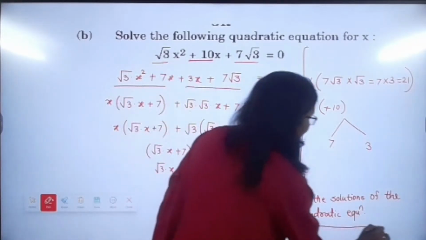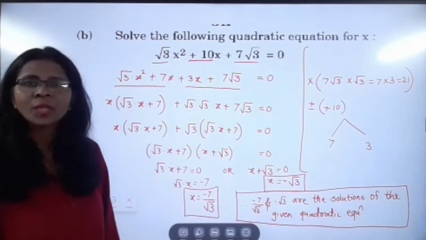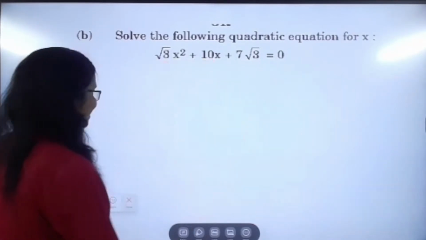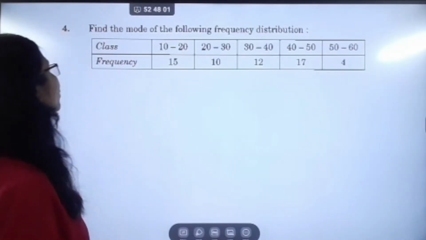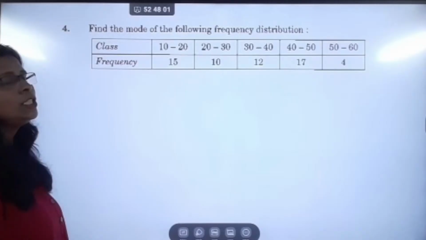Okay students, this way. Then next example, students. Next example, see here question 4. Find the mode of the following frequency distribution.